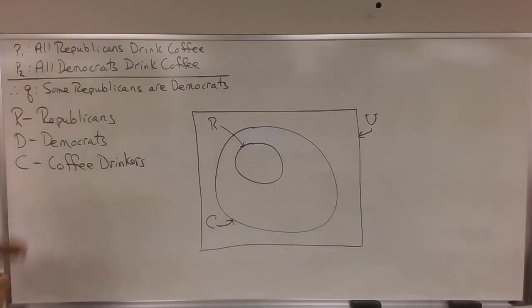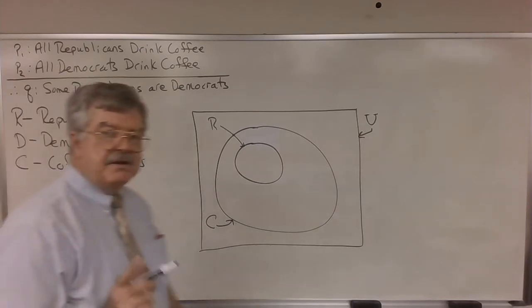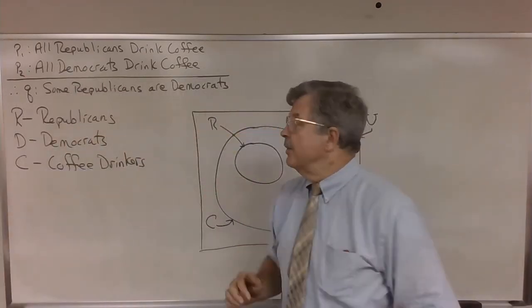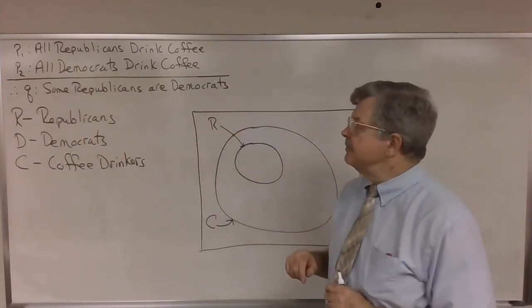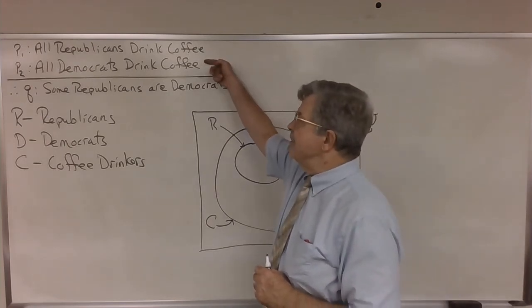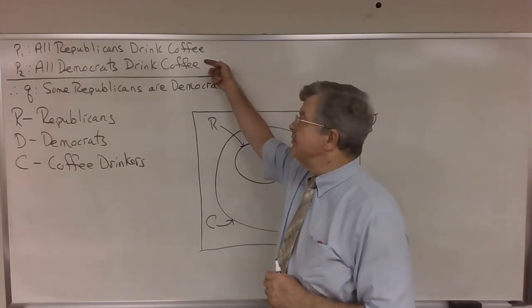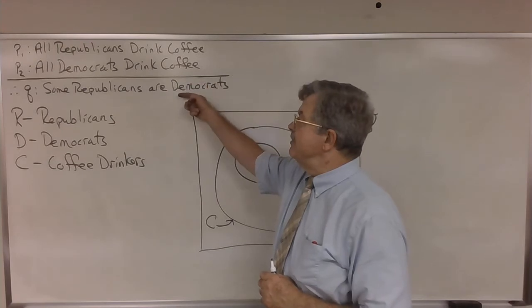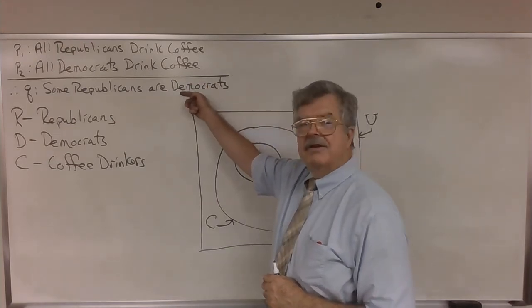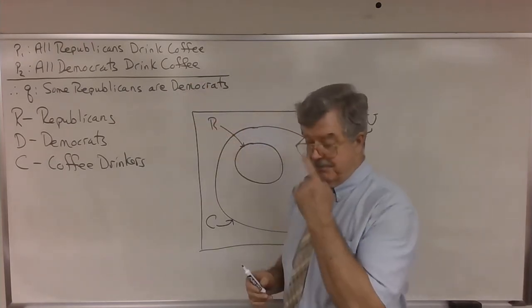Now, we also want to draw the diagram so that the second premise is true. All Democrats drink coffee. But we need to be careful. We're trying to do two things. We're trying to draw premise 2 so that it's true, but at the same time have the conclusion be false.